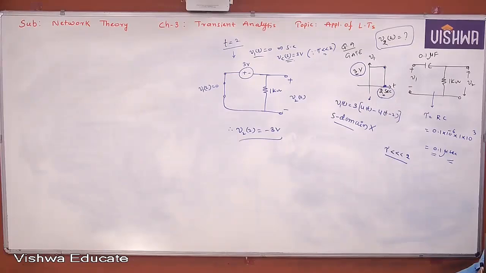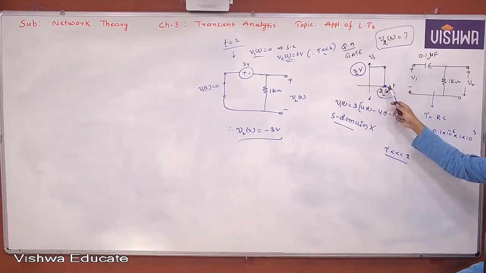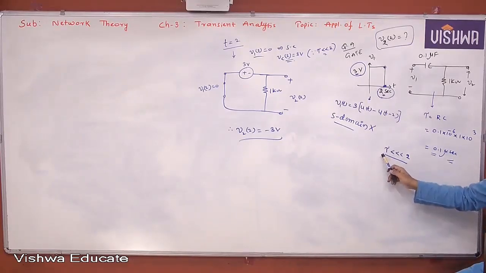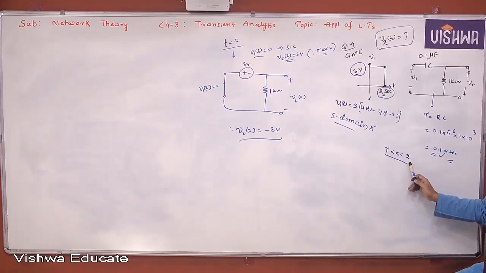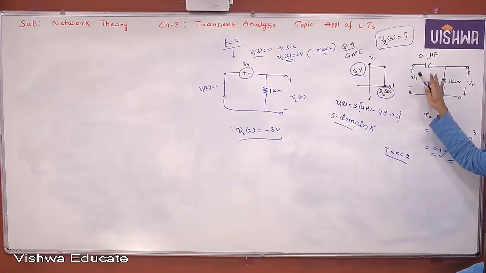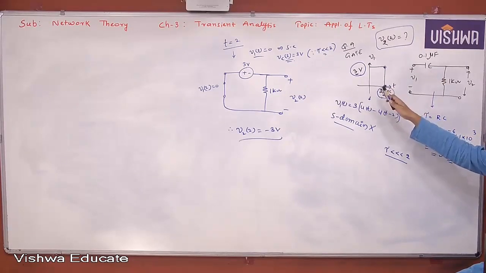You have to check first what is the time constant of the given circuit and what is the pulse duration. The square pulse is given. What is the duration of it? First you compare. If the time constant of the circuit is very much less than the duration of the pulse, it clearly indicates that the capacitor gets charged to the full voltage before the end of the duration of the pulse.